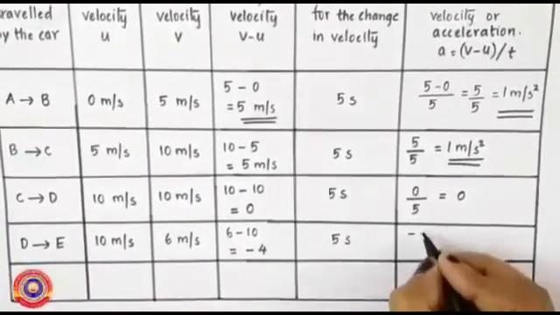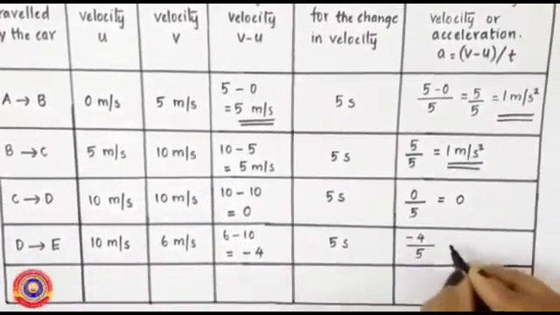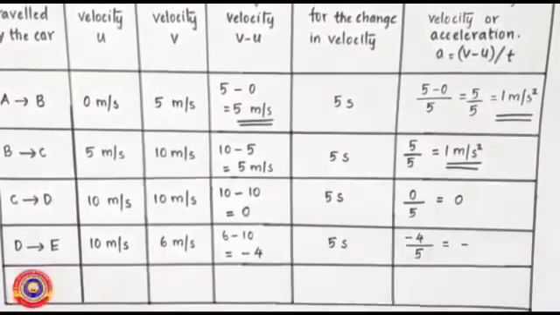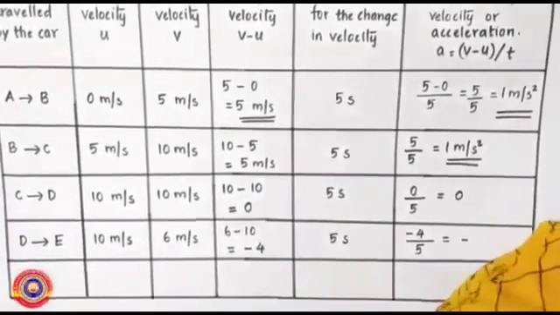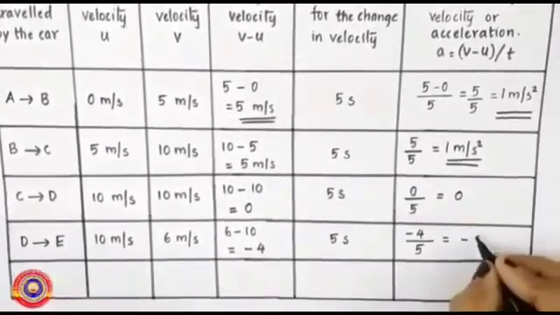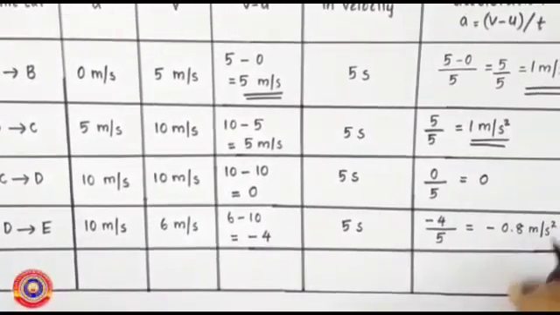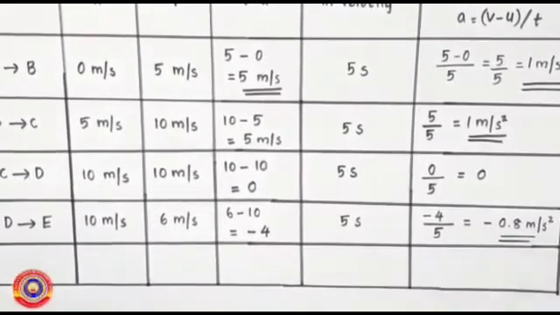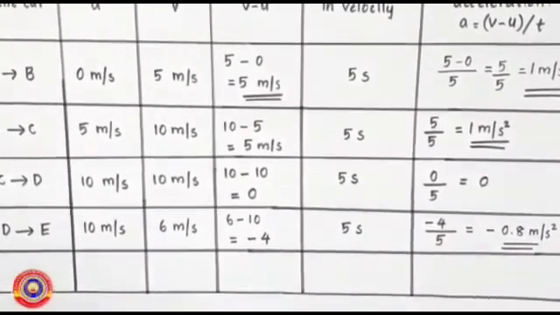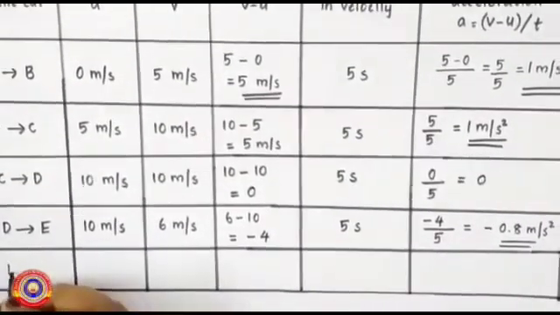The rate of change in velocity equals v minus u divided by t equals negative 4 divided by 5, that is equal to negative 0.8 meter per second square. Like this, try to find out the rate of change in velocity from E to F.